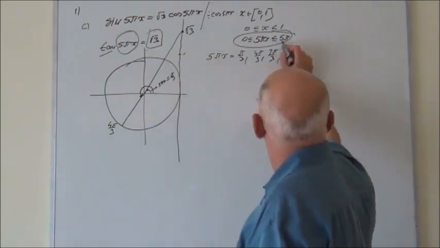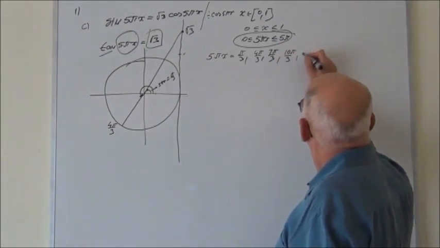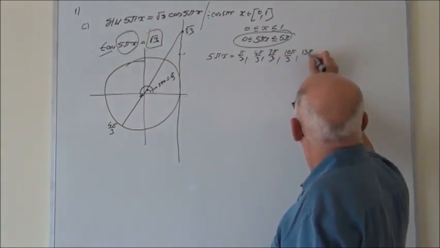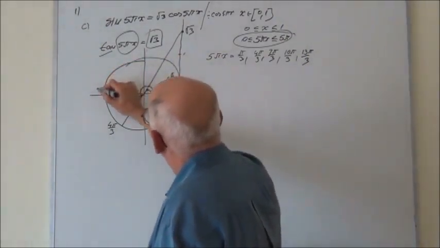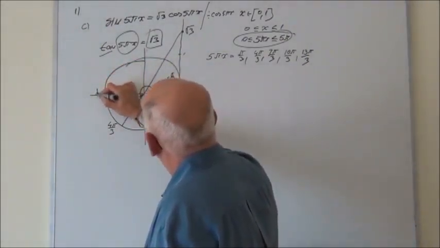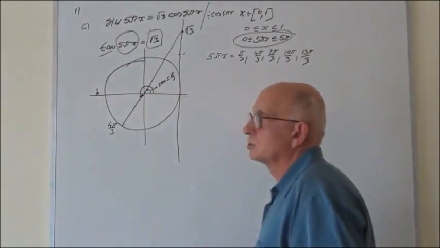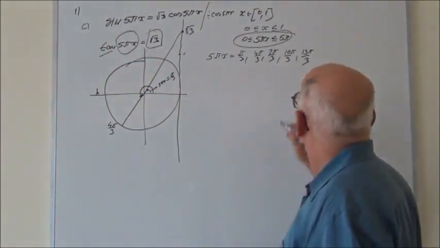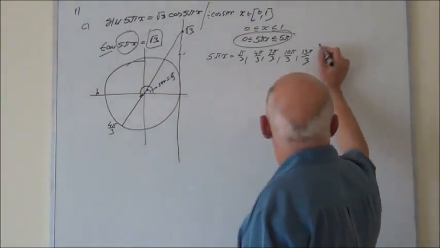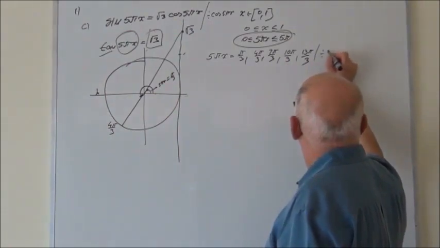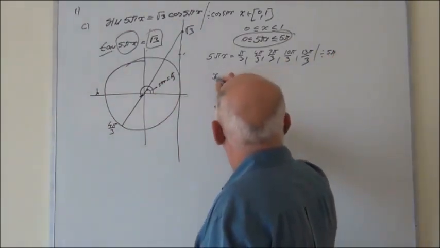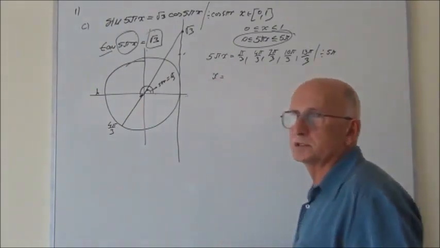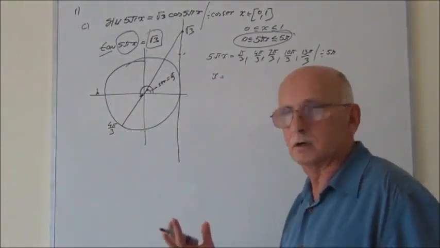One more, because we are going up to 5 pi, will be 13 pi on 3, and 5 pi will be here. We can't reach the next solution. These are all solutions.